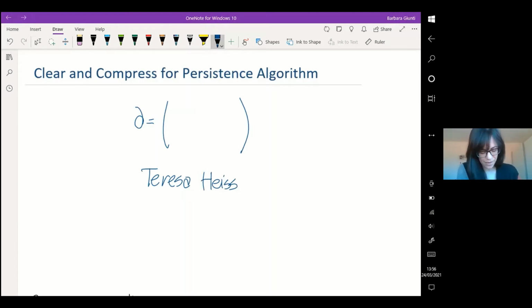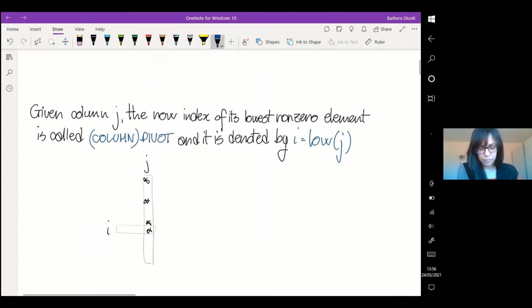Let's get started. Given a matrix, any matrix, we can define the pivot of a column. We take a column j and look at its lowest non-zero element. The row index of that element is the pivot of that column.